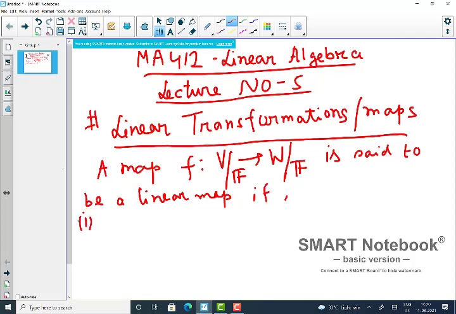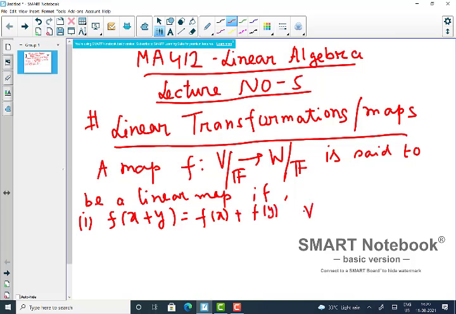Number one, it is something called additive. Additive means what? F of x plus y equals f of x plus f of y.